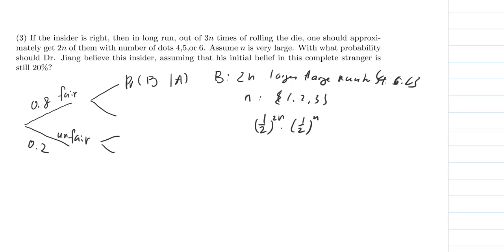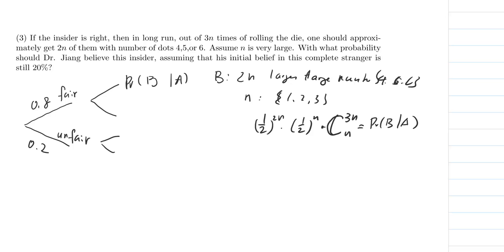That's still true, but we have to multiply by a so-called combination number, C(3n, n), because there are different cases in which we can get 2n larger numbers and 1n smaller numbers. So this is the probability if it's fair of getting 2n larger numbers and 1n smaller numbers.